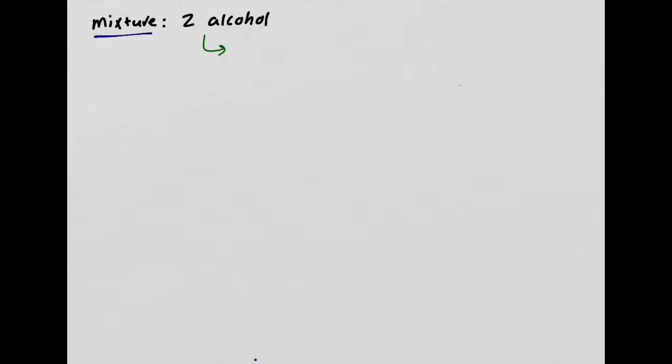You expect to get actually 3 peaks, because 1 peak is going to be the solvent peak. Don't forget that. We have a solvent, and our solvent is actually a majority of our sample, because we had 2 drops in about 2 ml of solvent. And then for the first alcohol, you are going to get a peak, and for the second alcohol, you are going to get a peak.